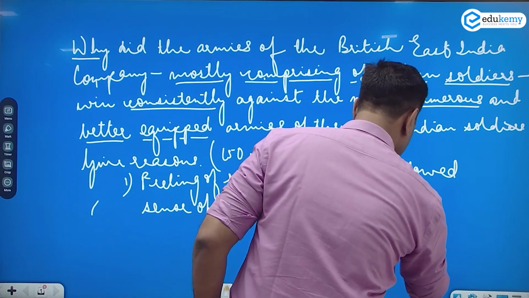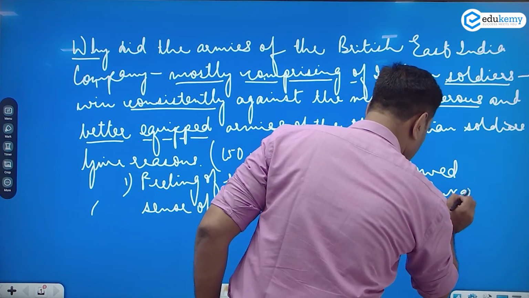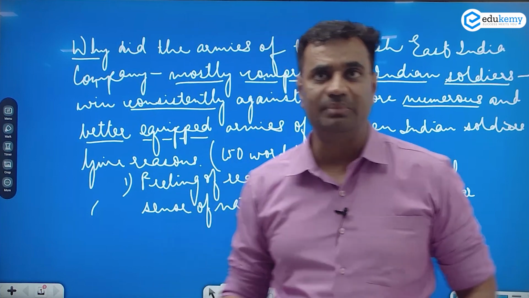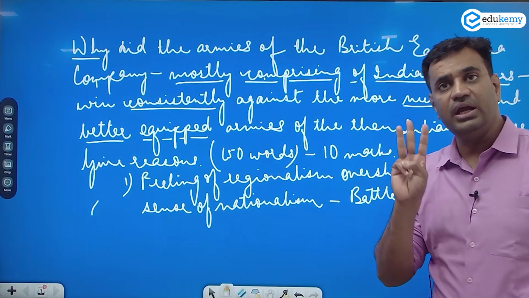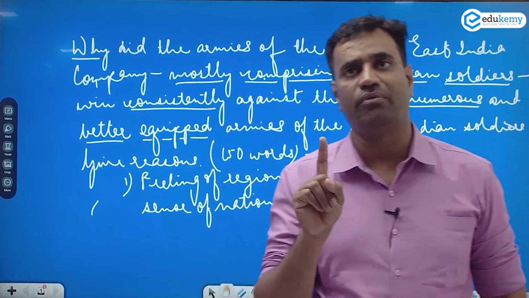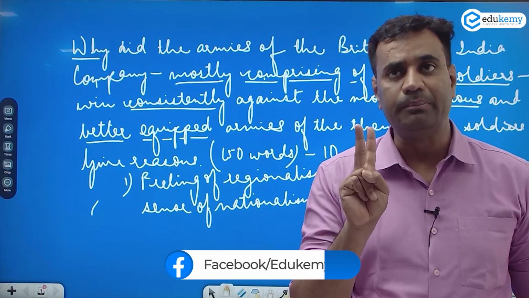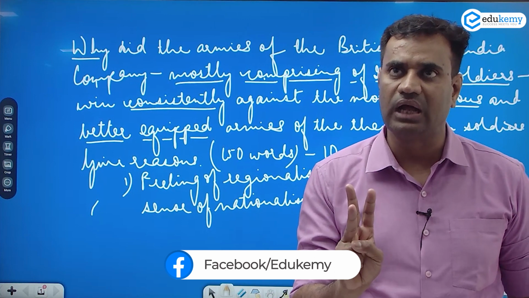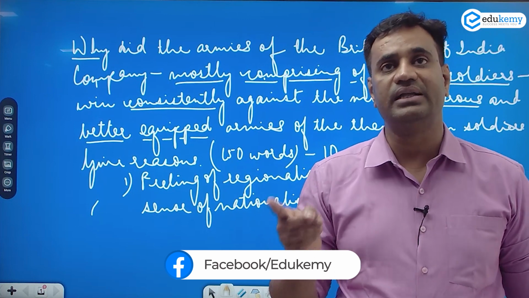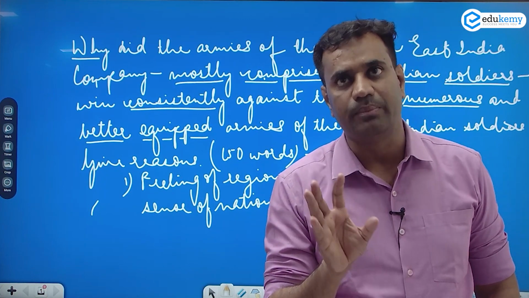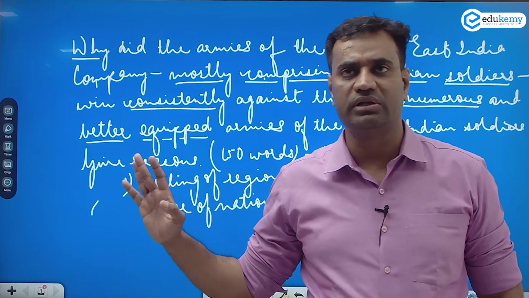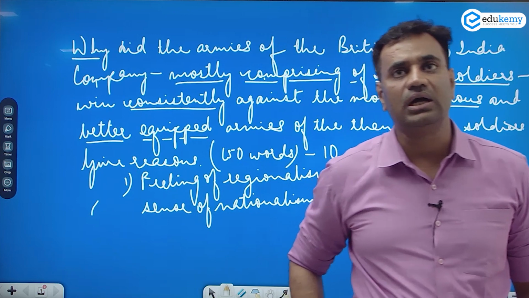If you look into the Battle of Buxar, fought in 1764, three Indian powers, Mir Qasim, Mughal Emperor Shah Alam II, and the ruler of Awadh, Shuja'ud-Dawla, combined together and fought against the British power, but they were thoroughly defeated in one single stroke.